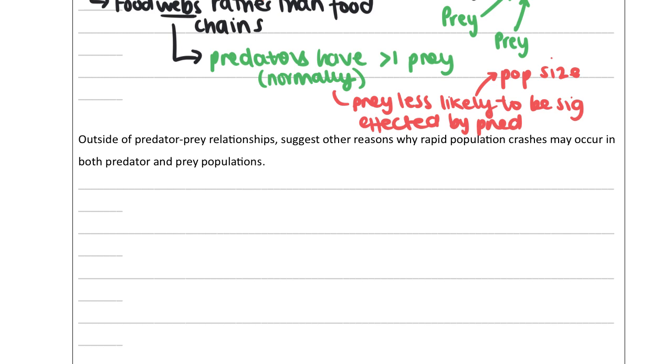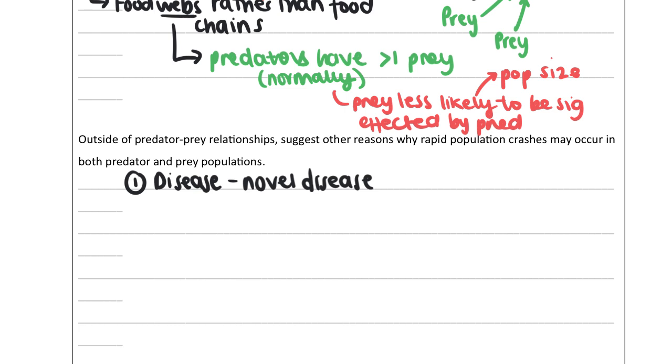And there are a few examples that you need to know happen in varying natural ecosystems. And the first one is a biggie. It is disease. If it's a new disease, so a novel disease, then there is a high chance that neither type of organism has developed any form of resistance or memory cells.